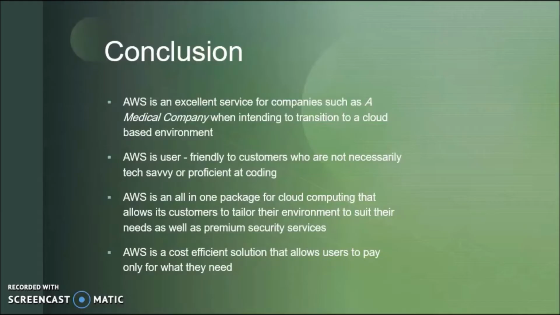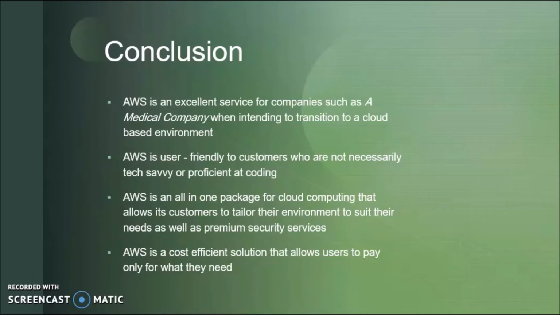And finally, the conclusion. The AWS Management Console is an excellent service for companies such as the medical company we're talking about in our project to be transitioned into a cloud-based environment, as it allows the company to minimize their spending, and it's quite friendly to customers who are not necessarily experts in technology or proficient at coding.